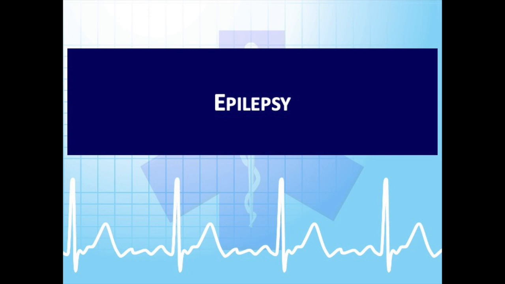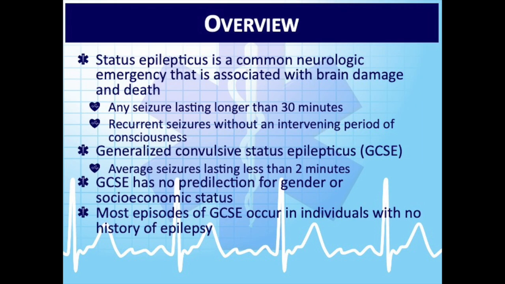Okay. Talking a little bit about epilepsy. Epilepsy is a common neurological emergency associated with brain damage and death if it's not treated appropriately and if the patient stays in a status epilepticus state. Okay. Generalized convulsive status epilepticus.